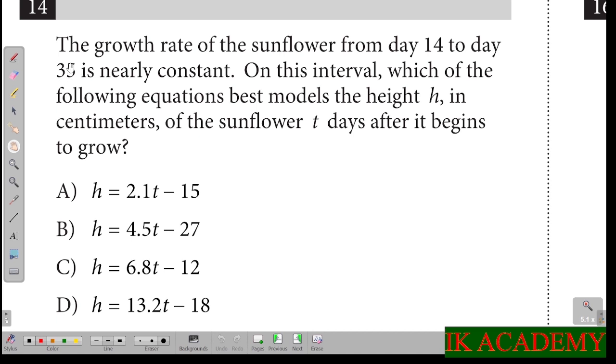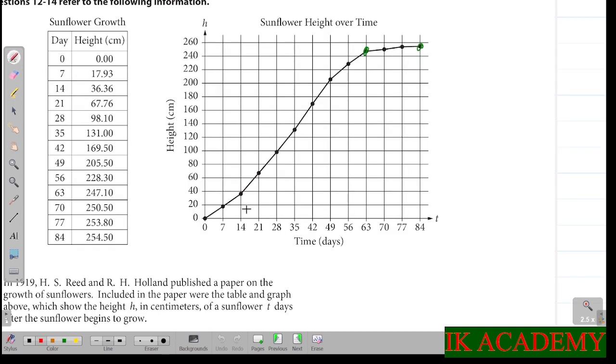Our next question is also related to the above information. The growth rate of the sunflower from day 14 to day 35 is nearly constant. It means there is no change of growth rate from day 14 to day 35.